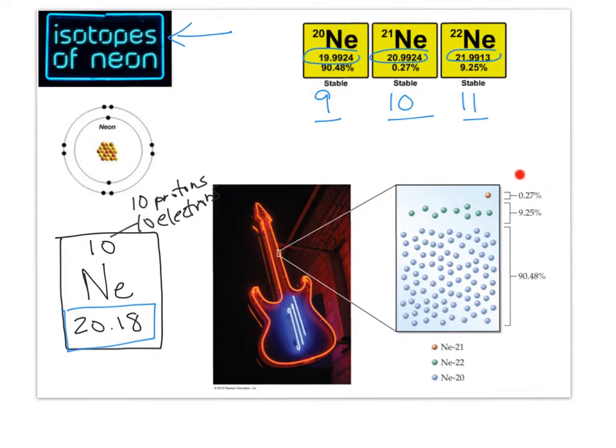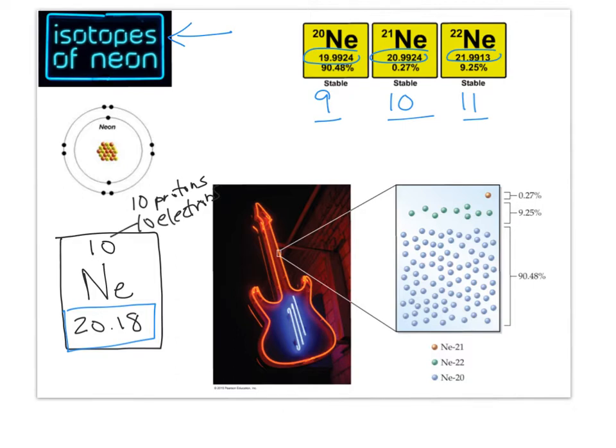So when you average out the mass of all the isotopes within the sample, you're going to get the relative atomic mass of 20.18. And that is the atomic mass that is presented on the periodic table, but it's an average of all the different isotopes that are found in a single sample of the neon gas.